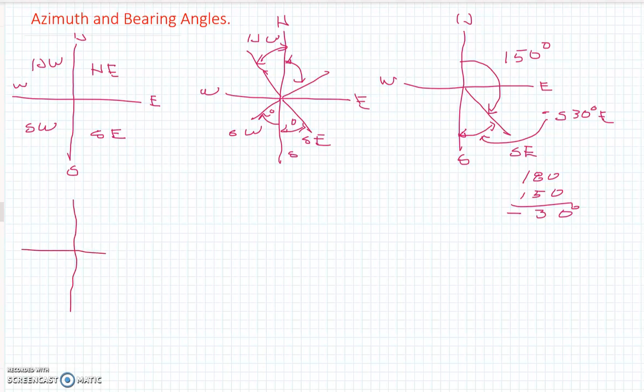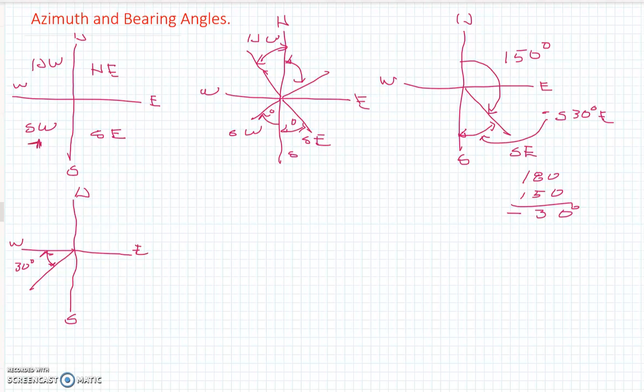Another example over here. Remember, from north and from south. They give you this angle, 30 degrees, for example. Remember, this is north, this is south, this is east, and this is west. So you need to know which quadrant.